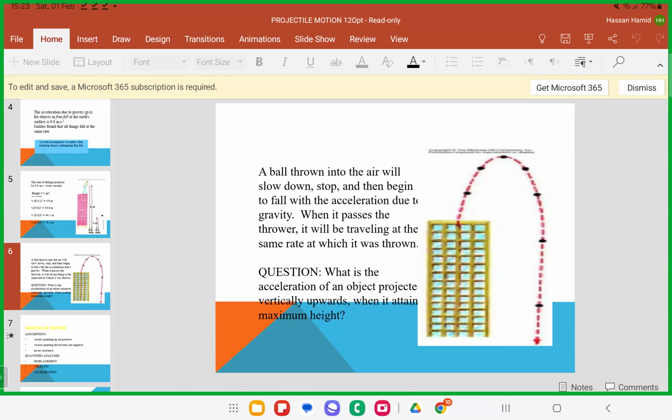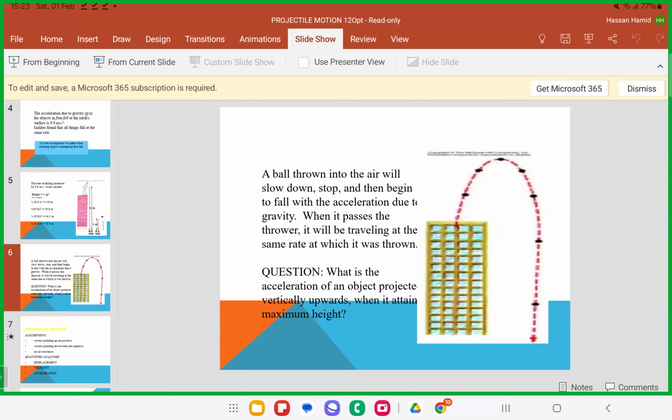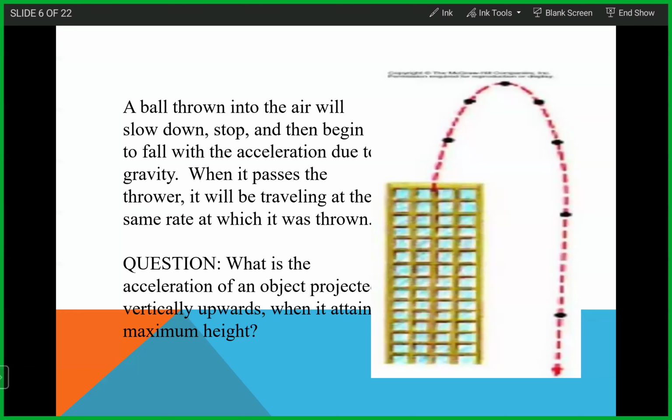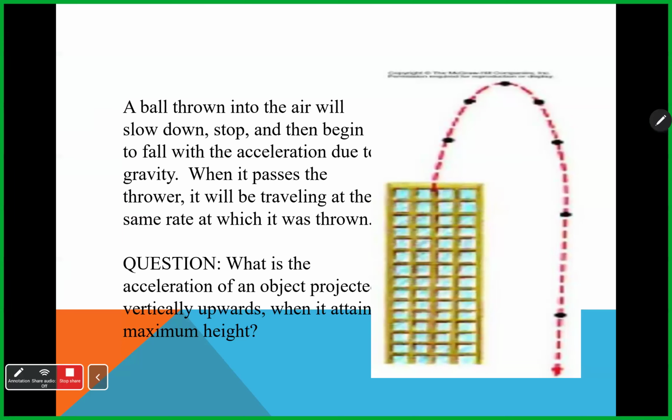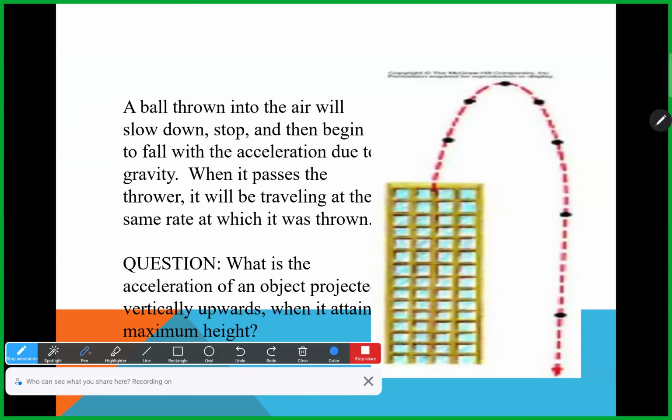But what I want to just emphasize again is what's special about this ball is that this ball is actually going to be going straight up and it's going to be coming straight back down along that same path, missing the edge of the building and coming down and hitting the ground there.